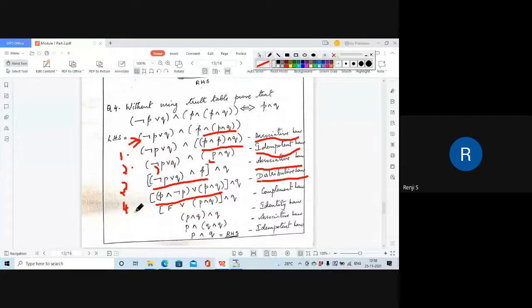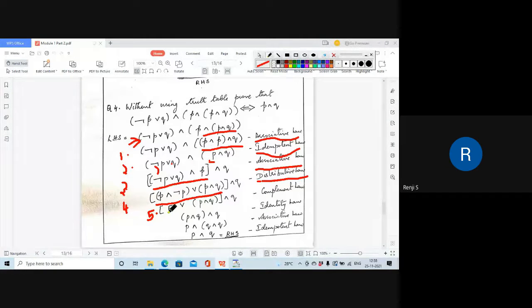Now, next, the fifth step. In the fifth step, we can solve this part, isn't it? What is P and not P? False, yes.